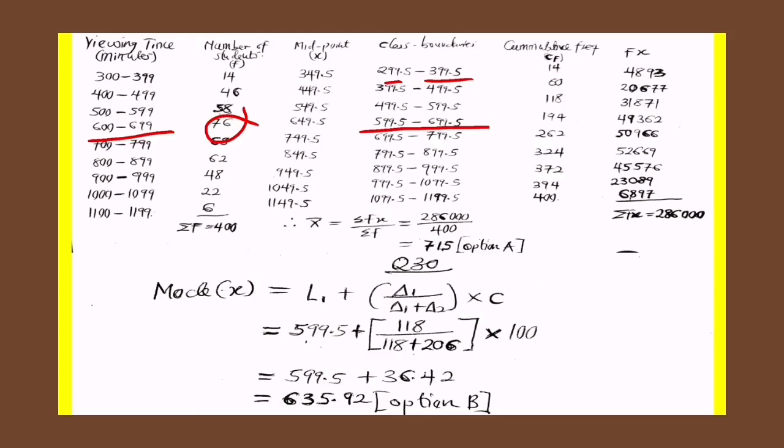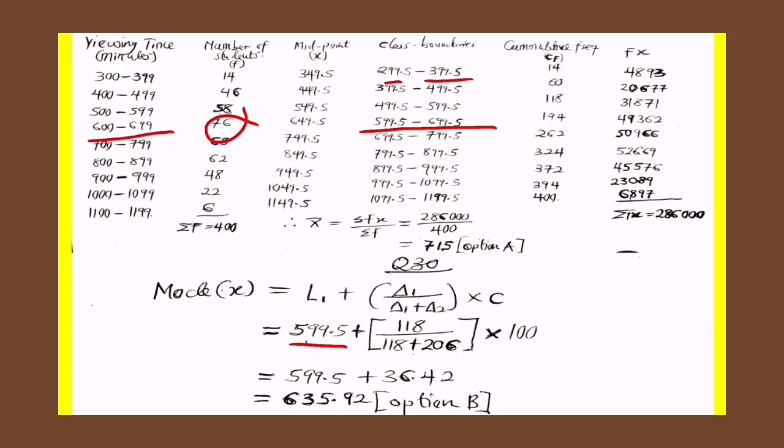So the lower class boundary is going to be 599.5. Then delta 1 relates to the frequencies before the modal class, 600 to 699, so we add up these values: the 14, 46 and 58.